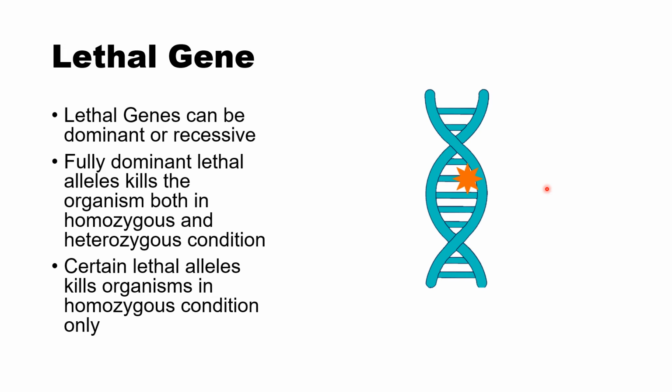Certain lethal alleles kill the organism in homozygous conditions only. So, with those lethal alleles, if heterozygous, there is still a chance that you will not die. But in the homozygous condition, there are lethal alleles that can kill the organism.